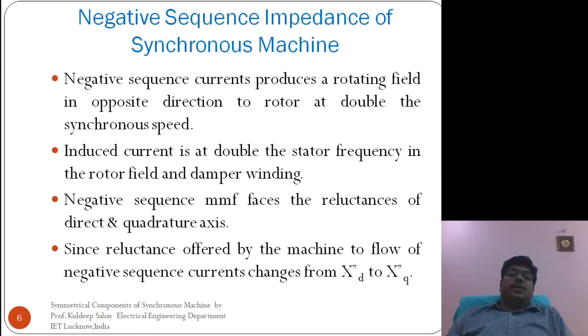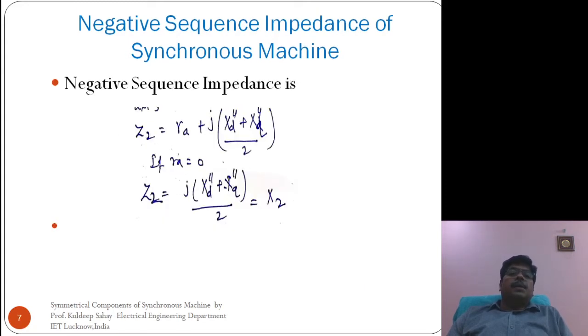So what would happen? The negative sequence impedance will be equal to the armature resistance RA plus the average of the direct axis subtransient reactance and the quadrature axis subtransient reactance.